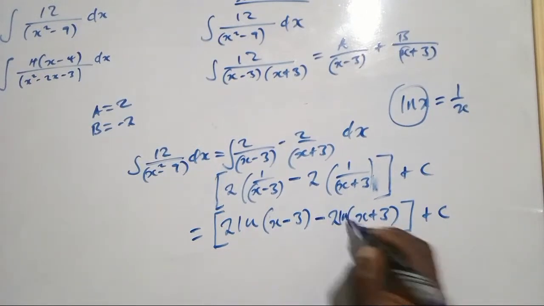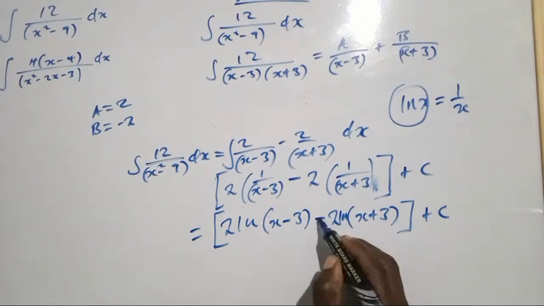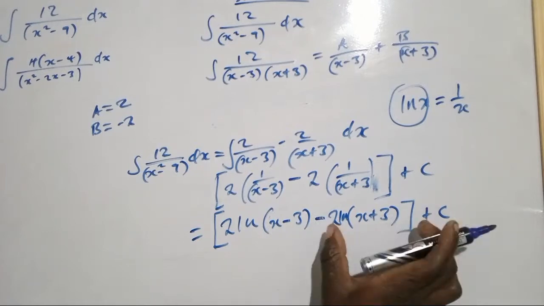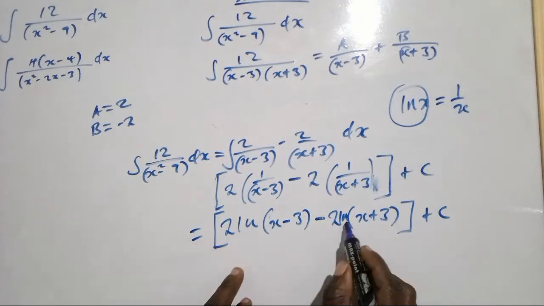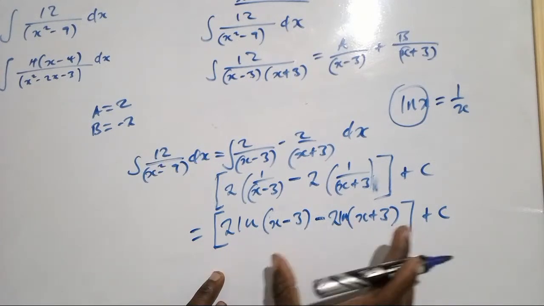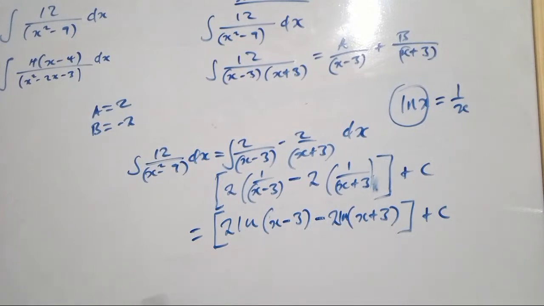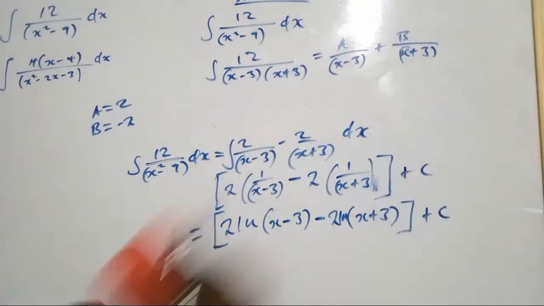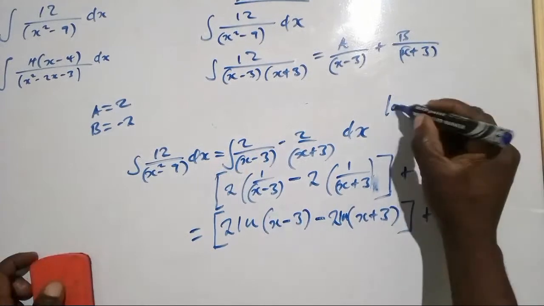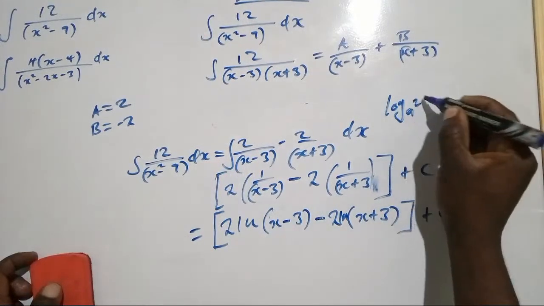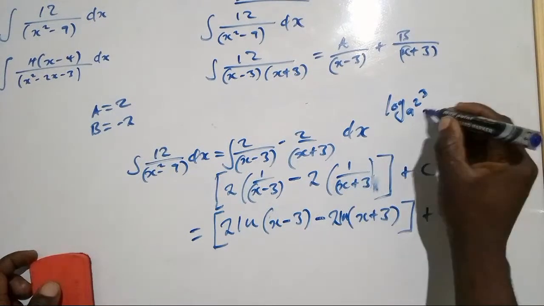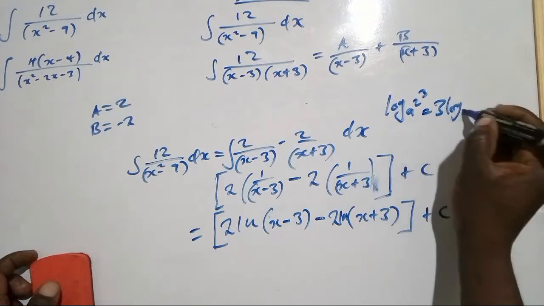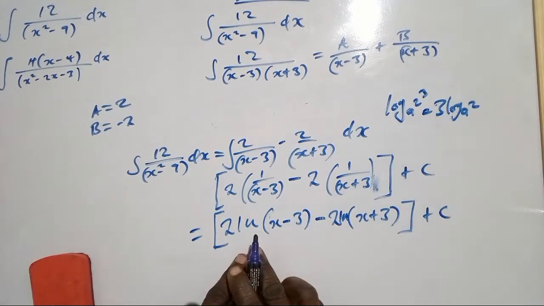If you can see in logarithm, whenever there is a negative, that means we are dividing, right? There is a rule in logarithm which says if you have log a to the power 2, that means this power will drop here, it will be 2 log a. So we're going to do the same here.